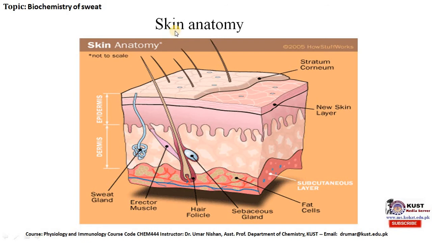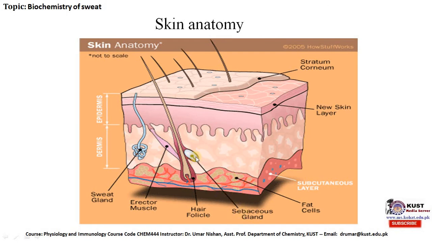This is a diagram showing skin anatomy. Here in this skin anatomy diagram we see different parts of the skin. This is stratum corneum, new skin layer, then subcutaneous layer. You can see here fat cells.